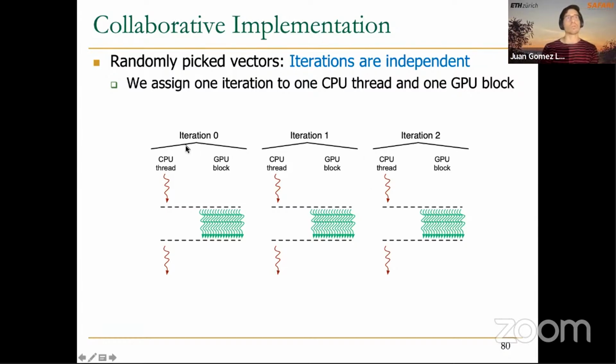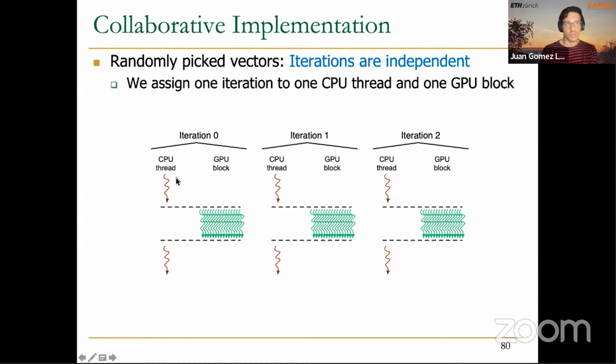And assuming that we have a system with CPUs and GPUs, what we would do is assign one iteration to a pair of one thread and one GPU block. And by using the fine-grained collaboration opportunities that the new unified memory provides, and the fact that we can communicate across devices using system-wide atomics, we can do this fine-grained synchronization.